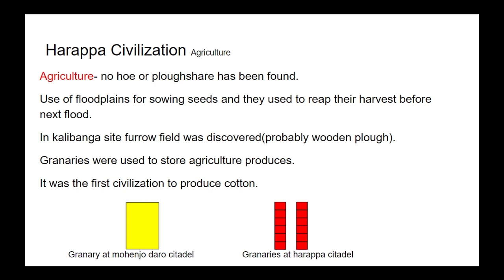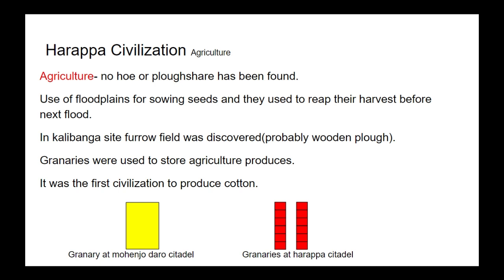You can see in the figure there are 6 rows and 2 columns. In the Harappan site, we found granaries divided into different rooms or chambers, so that if the agriculture produce of one room gets rotten, it will not affect the other rooms, and they will be safe from the bad granaries.